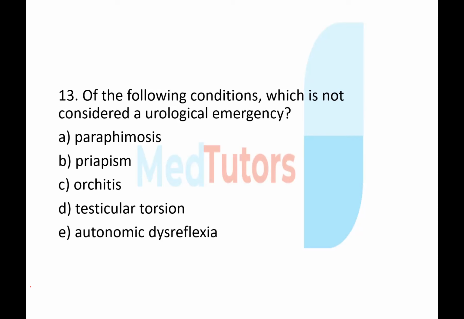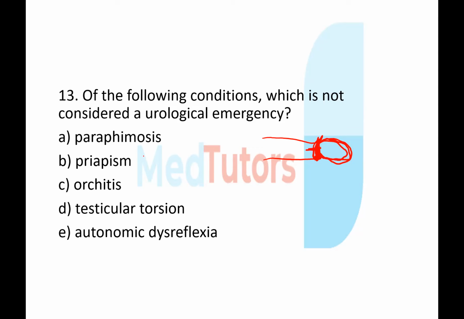Now, paraphimosis is when the preputial skin retracts and forms a band around the glans, and it can cause severe pain, inflammation, and even ischemia. This is an emergency. The treatment for this is to do circumcision to remove that preputial skin.